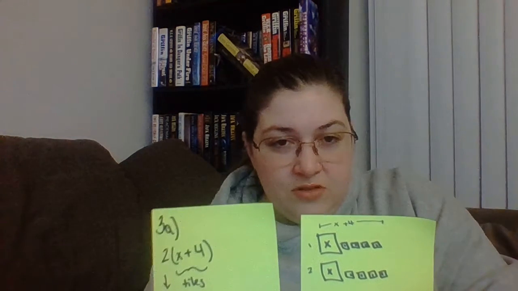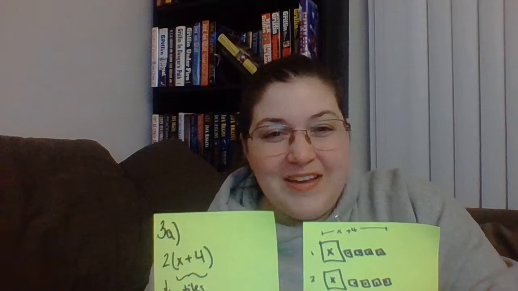Do you have it? All right, so you have x plus 4 more 1s, right? And then I have a second group of x plus 4 1s. So this would be my algebraic tiles for the expression 2 times the quantity x plus 4.